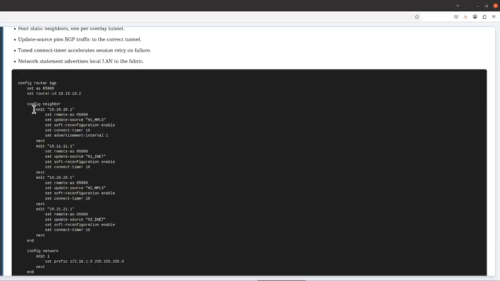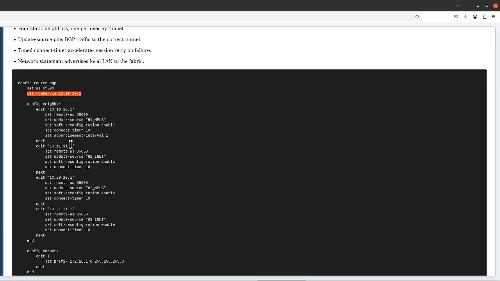The config router BGP context and set AS65000 mirror the hub configuration because we are running IBGP across the entire fabric. The set router-id 10.10.10.2 sets the spoke's router ID to its MPLS overlay IP. Every device in the BGP domain needs a unique router ID, and using the overlay IP makes allocation straightforward.